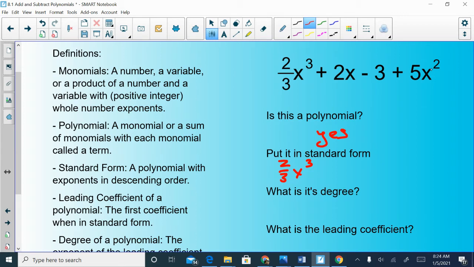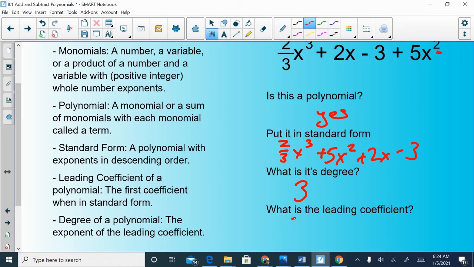That's the biggest exponent. Next biggest exponent is this one here, a positive 5x squared. Then a positive 2x, and then a negative 3. The degree of this polynomial is the biggest exponent, that's 3, and its leading coefficient would be 2/3.